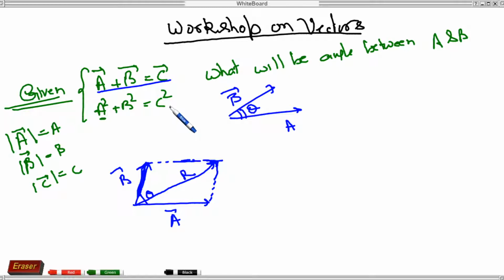And what resultant is given here? It is given here as C, because A plus B is equal to C. So instead of R, we can write C.